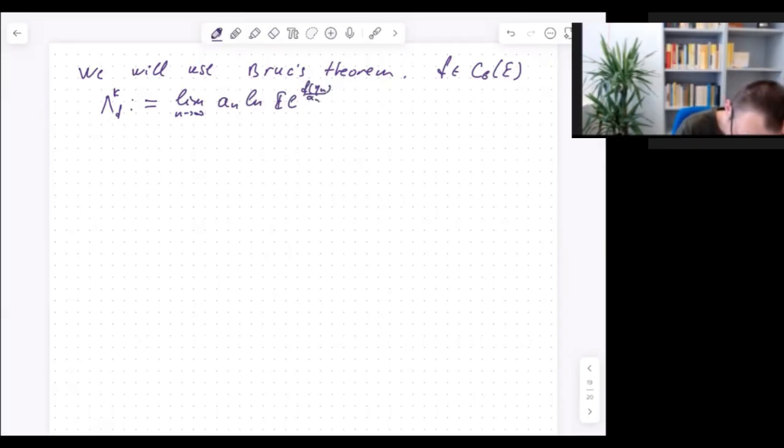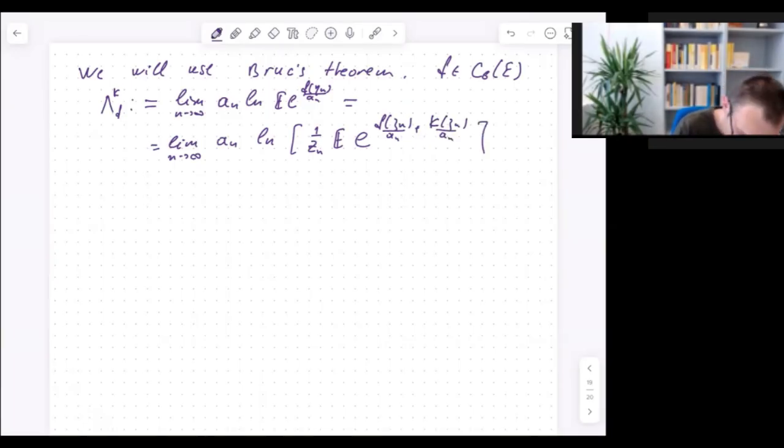And this is, just according to what we know about the density, equal to the limit as n goes to infinity of an logarithm of 1 over Zn times the expectation of e to the power f psi n divided by an plus k psi n divided by an. Now use the property that the logarithm of a product is the sum of logarithms, but here you have 1 over Zn, so you will have minus a logarithm.